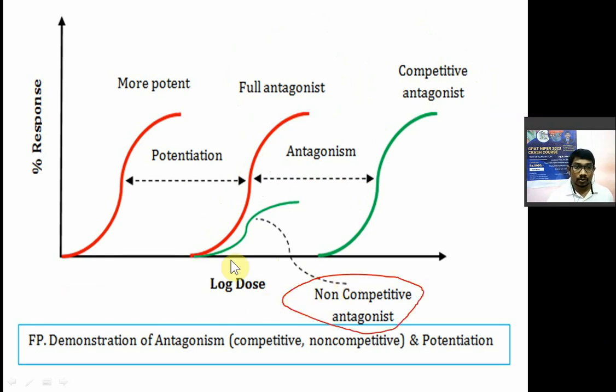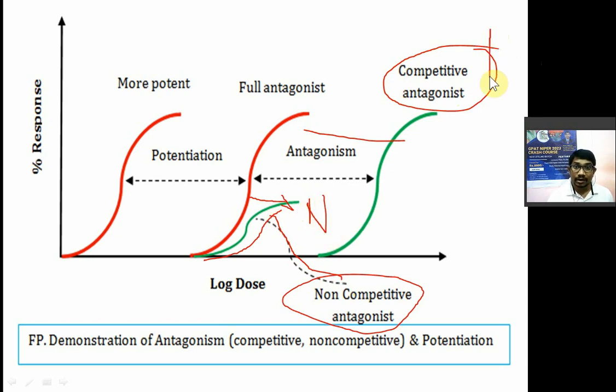A non competitive antagonist will not have a similar structure with that of the full agonist, but it will also shift the dose response curve towards the right side, but not parallelly. This one shifts non-parallel, and the competitive one shifts parallel. A question will come on this.